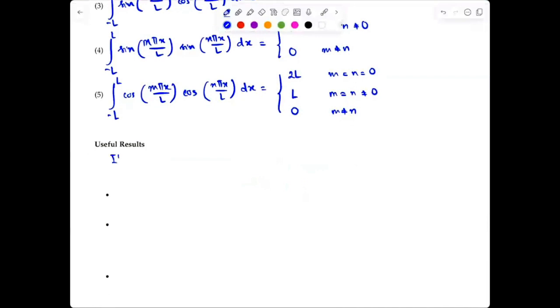That is, it is sometimes useful to rewrite sines and cosines of some angle in the following manner.